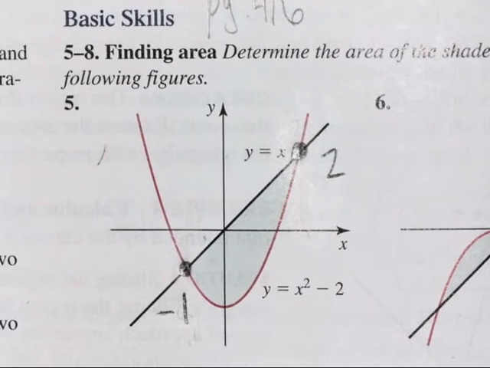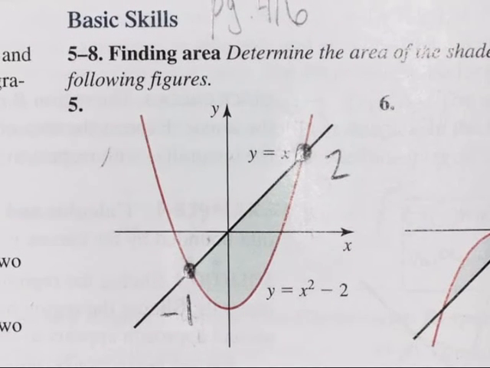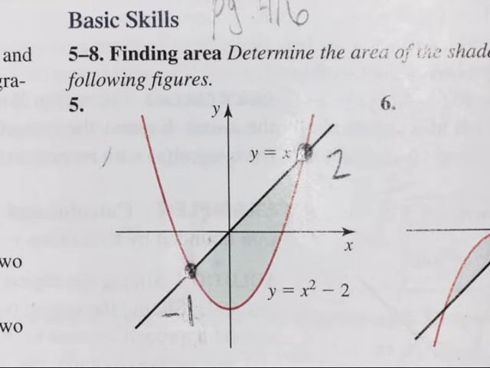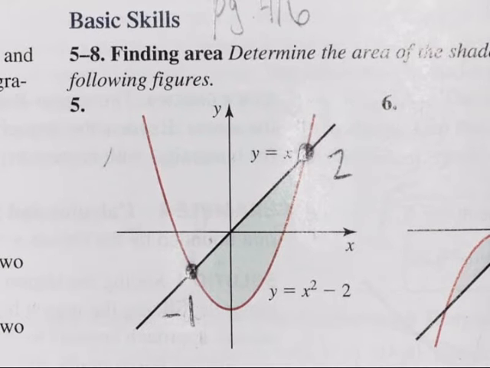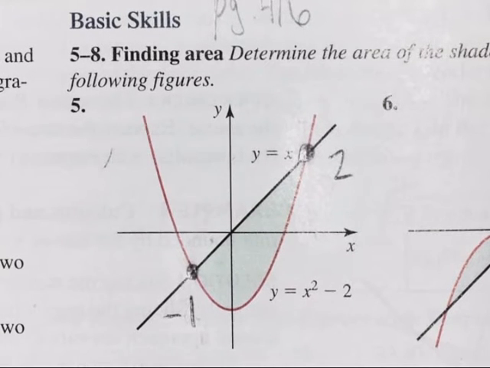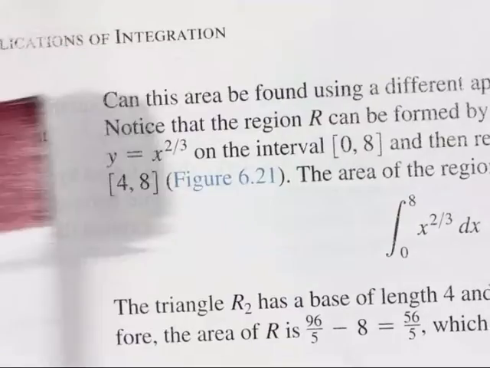So the x coordinate of that point is -1, and the x coordinate of that point is 2. Okay. So that gives us essentially our starting point and our ending point for the definite integral, so that we can then evaluate it using the fundamental theorem of calculus. All right, so let's go back to my pen and paper here.